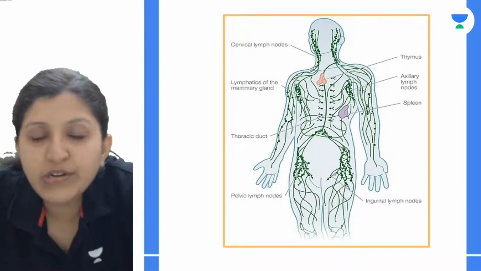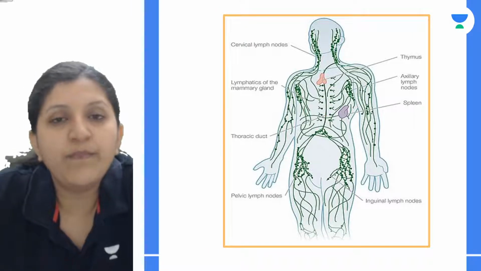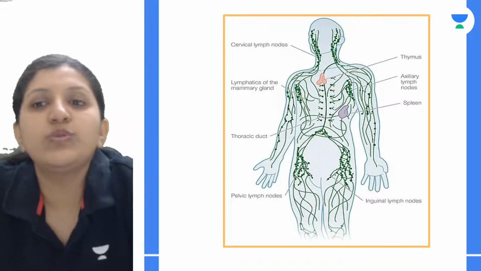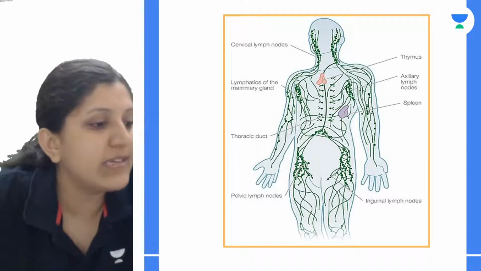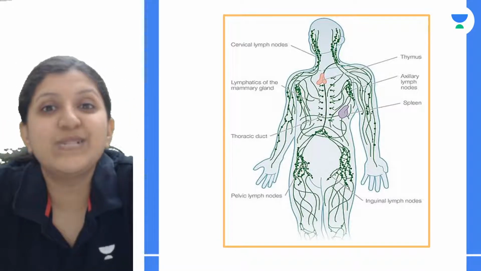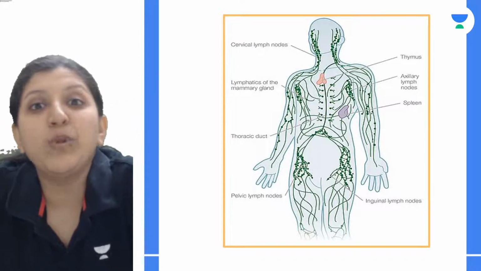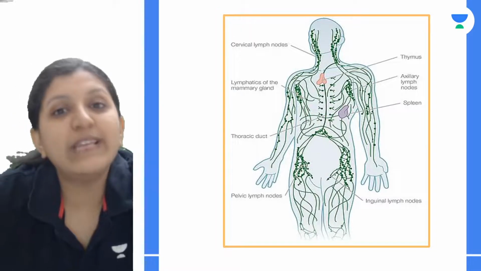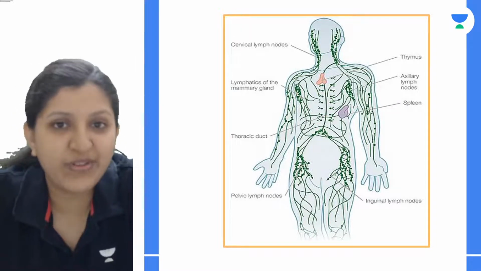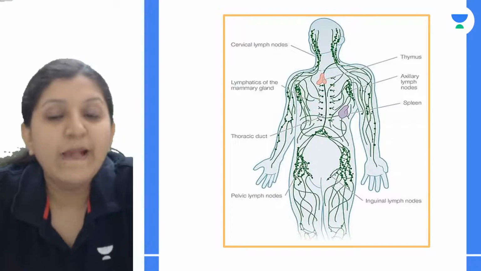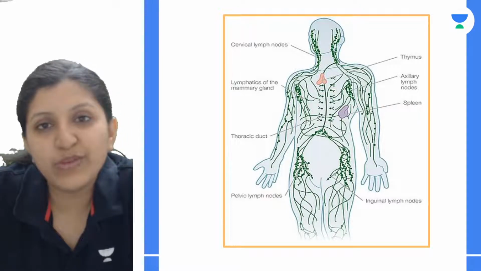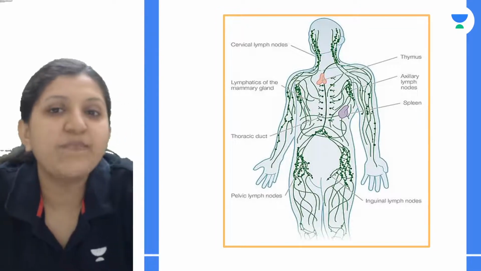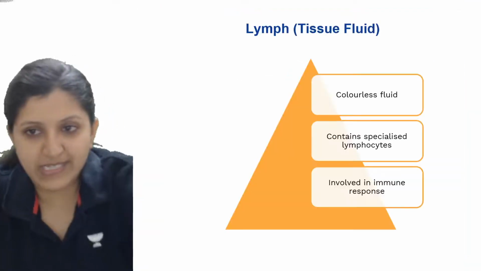It is returning the tissue fluid from these tissues back into the heart. And that's the reason, when we mention the lymphatic system, the maximum amount of time the WBCs spend is there, not exactly in the case of blood. So the maximum time spent is mainly in the lymphatic system.